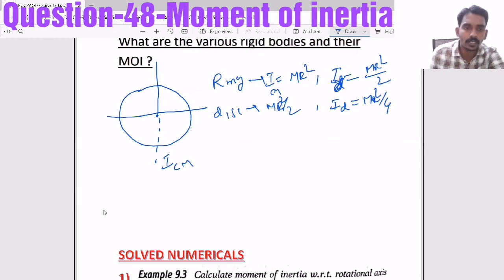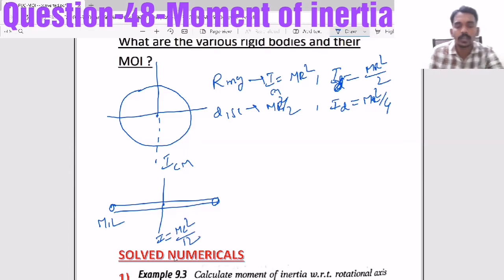Also remember that for a rod of mass m, length L, about an axis passing through its center and perpendicular to its length, the moment of inertia is ml square by 12. And about the edge axis, you can apply the parallel axis theorem, then it will come ml square by 3.